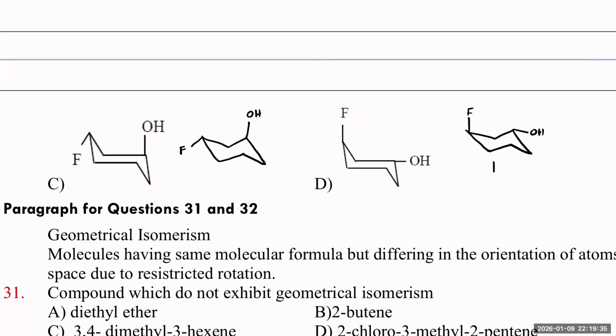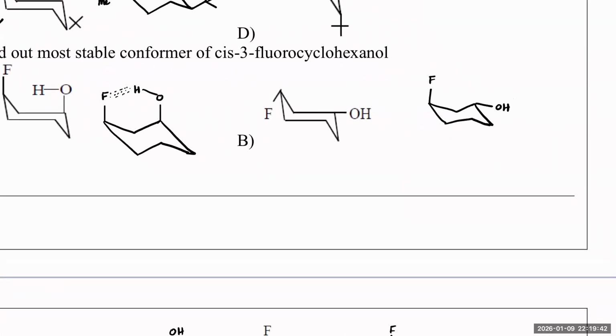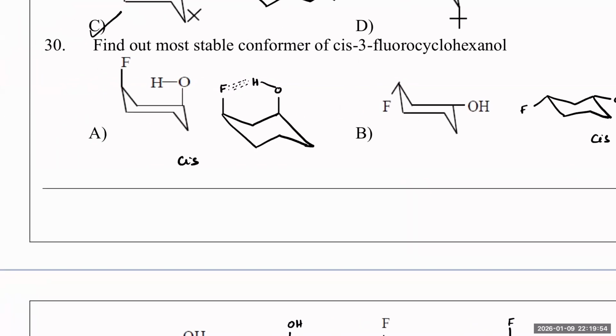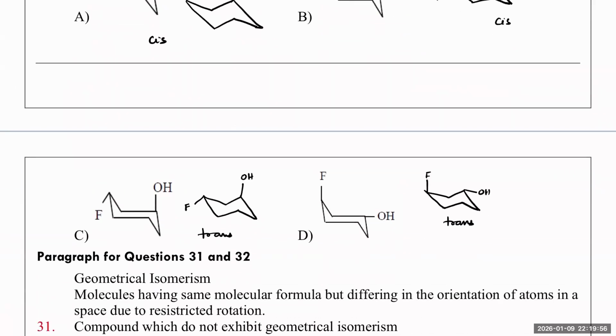This is also a trans form. This is trans, this is trans, okay? And this is also trans, sorry. This is cis because fluorine is also here like this, right? So this is also cis and this is cis. So A and B are cis, C and D are trans.